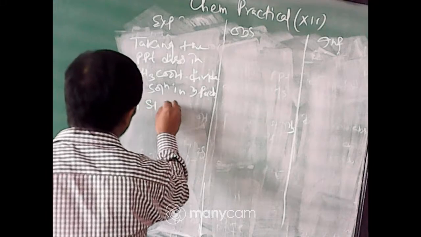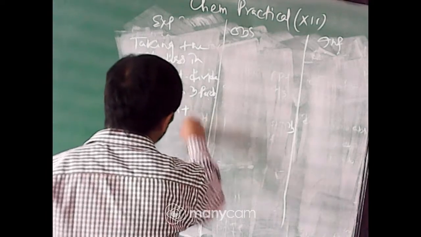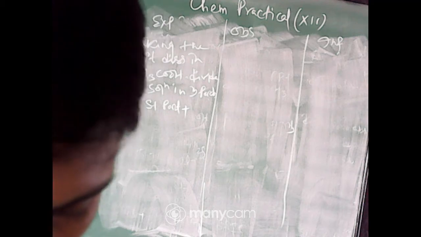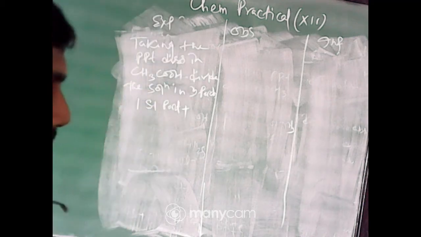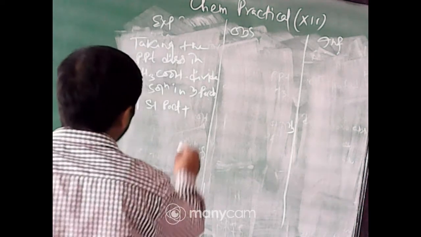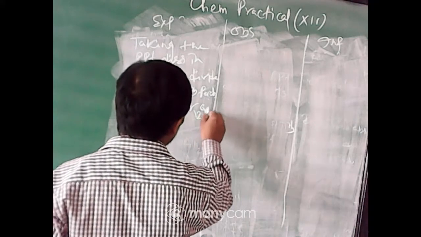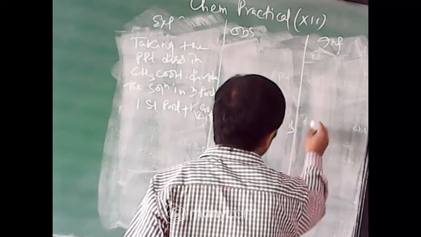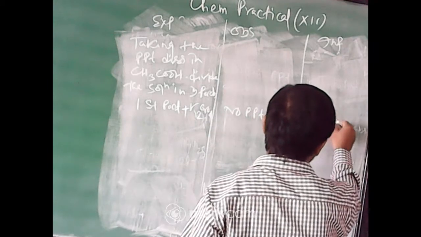Then first part plus K2CrO4, potassium chromate, no PPT, barium absent.